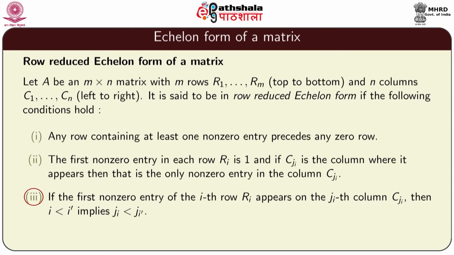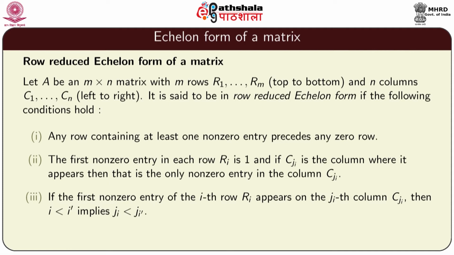The third requirement is that the first non-zero entry in each row, if it is a non-zero row, has to be 1, and the column where it occurs is special in the sense that there is no other non-zero entry in that very column, and then if you move on to the next row, if that also happens to be a non-zero row, then the first non-zero entry of that row should be placed on a column which is strictly on the right hand side of the column that we obtained for the previous row.